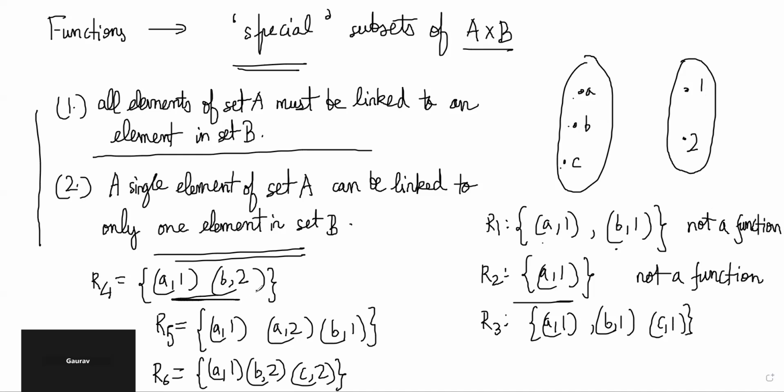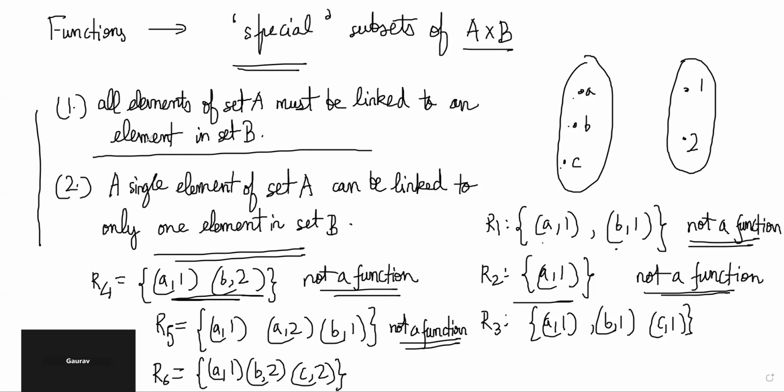Again, we can say this is not a function because it doesn't satisfy the first rule. All the elements of the first set have to be linked to something, right? This is also not a function. So four of them are not functions because they don't satisfy the first condition. Notice that all of them are still relations, right?